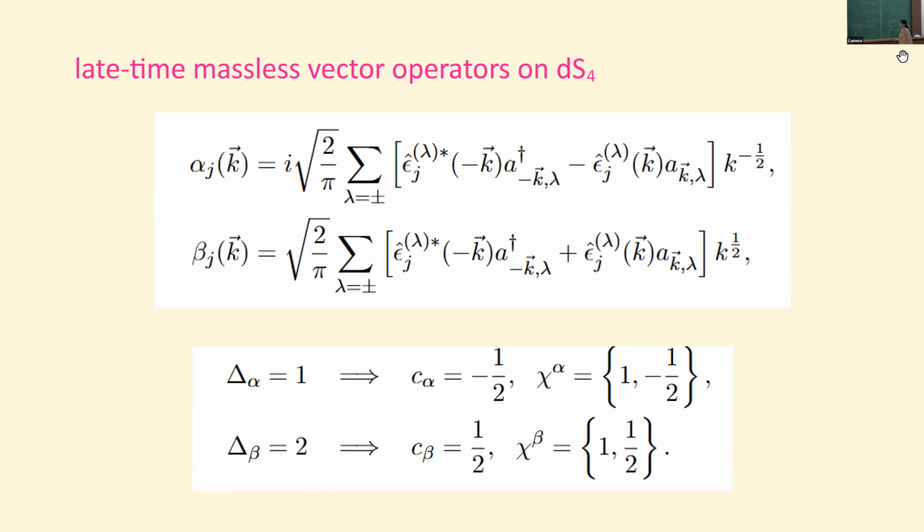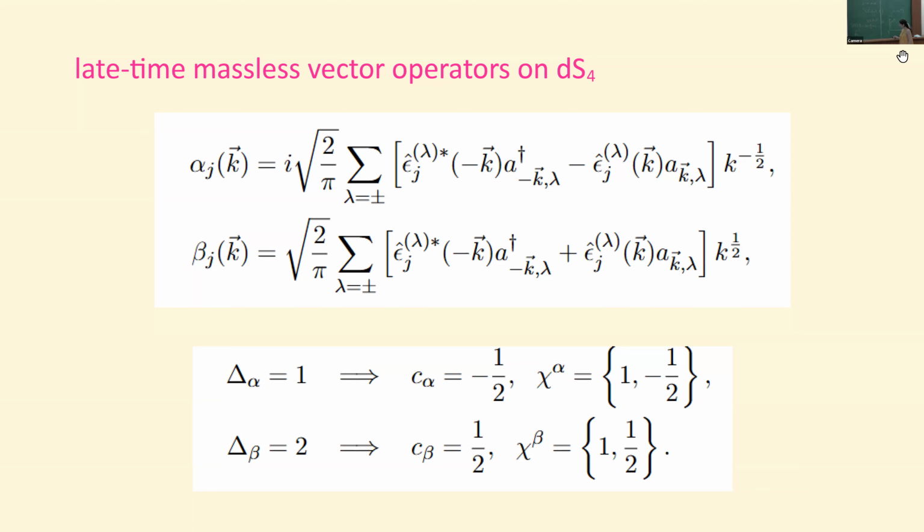So we call the one with the lower dimension alpha, the other with the higher dimension beta. They look like they're shadow transforms of each other, but if you do that, the transformation changes these pieces accordingly, but it doesn't touch this polarization, annihilation, creation part. So they're not shadow transformations of each other. They have their own shadow transformations, the tilde versions.